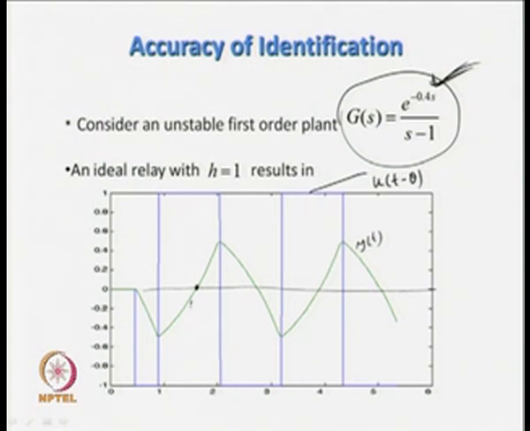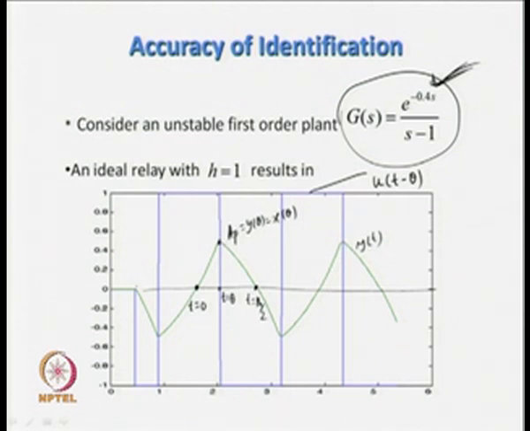Let me start my analysis from the first zero crossing over here. So, this time is t equal to 0, and we see that at time t equal to theta, a peak amplitude or peak output occurs. Now, what is this? This would be the half period, t equal to Pu by 2. If I look at the plot, my peak amplitude is obtained here at time t equal to theta, which is nothing but Ap equal to y(theta). How much is that Ap? The accurate value we will try to estimate.